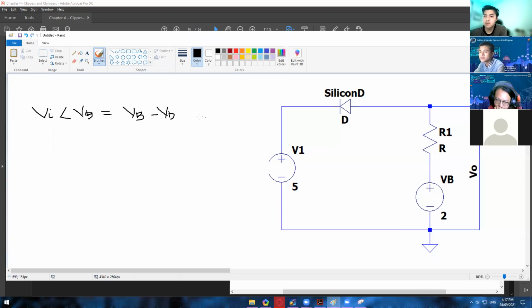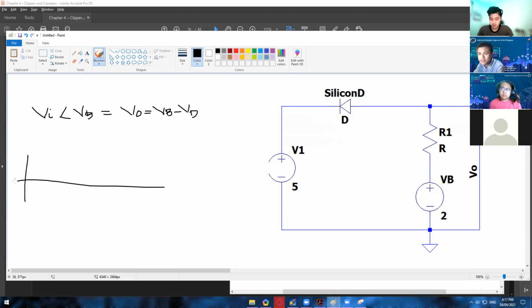Oops. Okay, so that is our VO. So VO is equal to VB minus VD. So how did this happen? If you take a look at this, at 0 voltage, we have a higher VB.